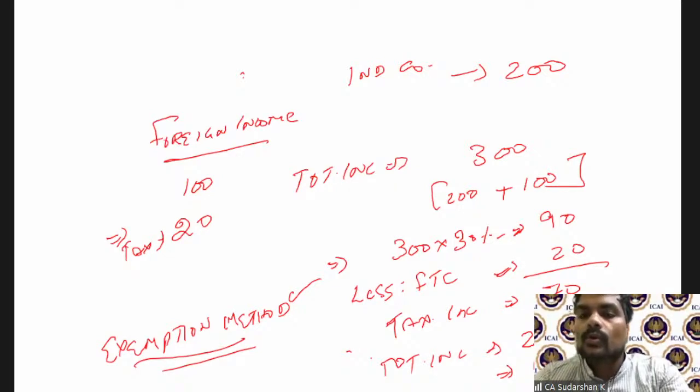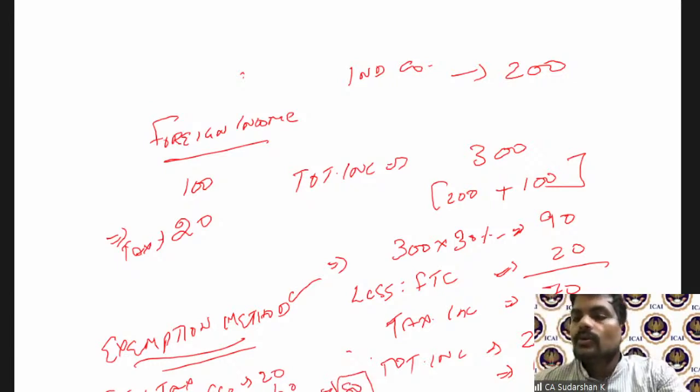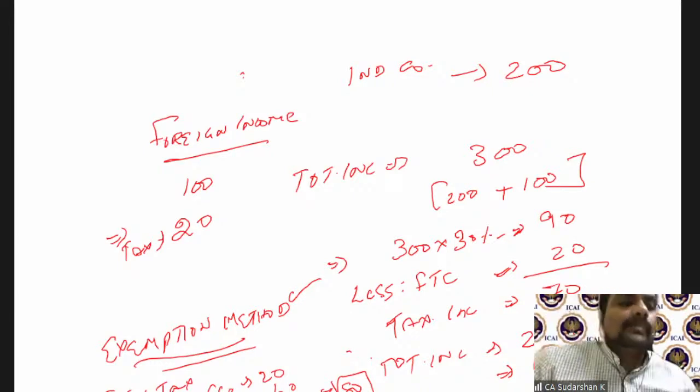So if you look at your overall total tax outflow, in the foreign country you would have paid 20, and in India you would have paid 60, so your total tax will be 80. So the exemption method is you don't need to include the foreign income in your Indian home country income, and India will not tax you on your foreign income. So this is broadly the exemption method.